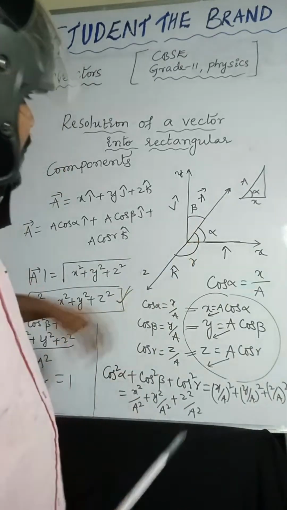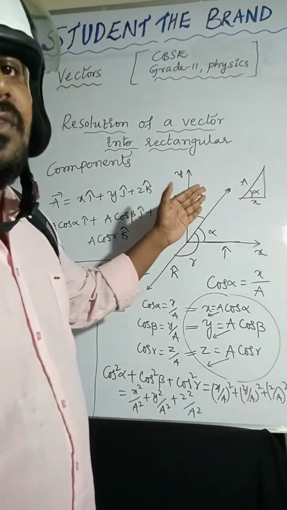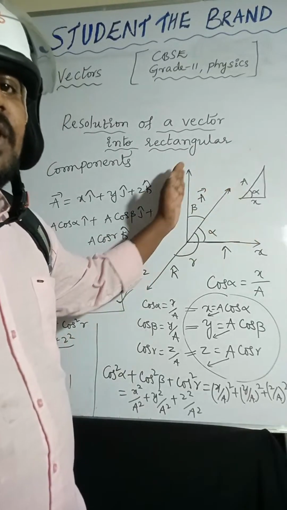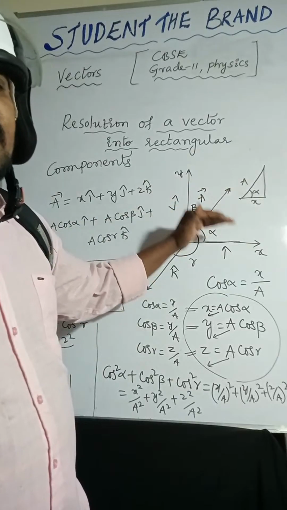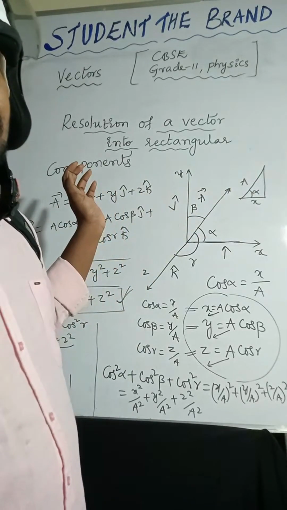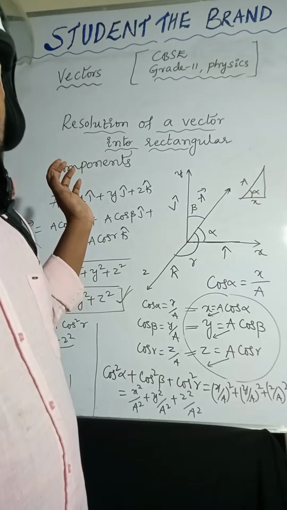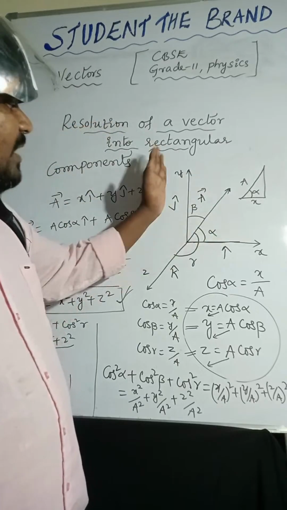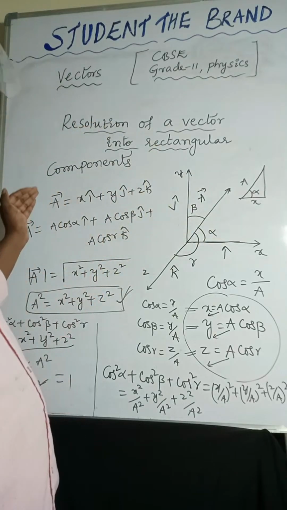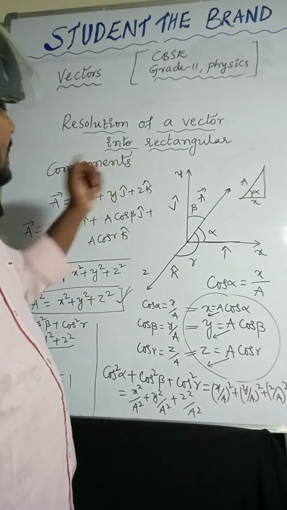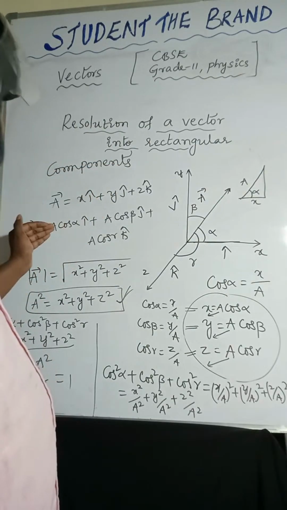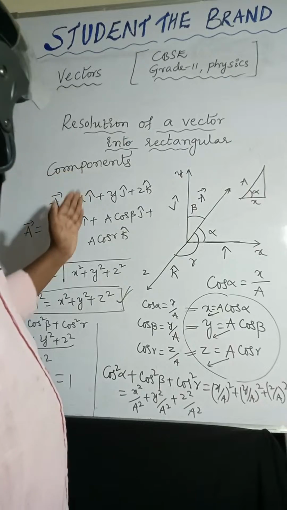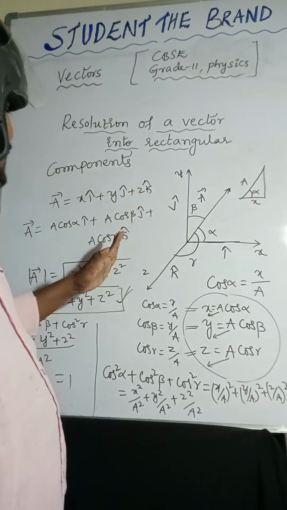So a bar we are writing with the help of x-axis, y-axis, z-axis, that is a bar equal to x i cap plus y j cap plus z k cap. A bar equal to a cos alpha i cap plus a cos beta j cap plus a cos gamma k cap.